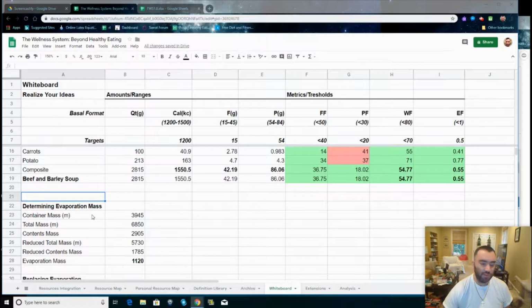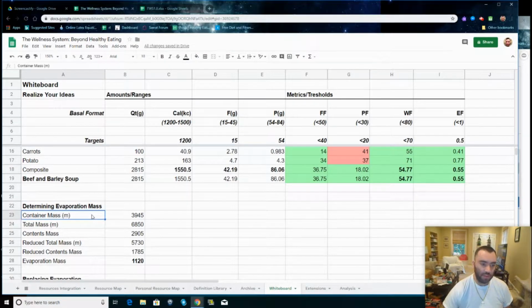So our measurements were the container mass, the total mass, and the reduced total mass. And the contents mass is, as you can see, the container mass subtracted from the total mass.